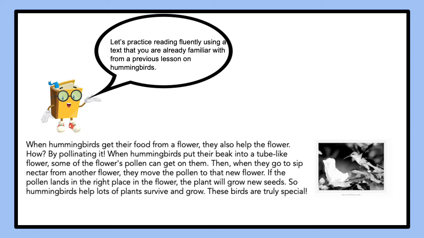Then, when they go to sip nectar from another flower, they move the pollen to that new flower. If the pollen lands in the right place in the flower, the plant will grow new seeds. So hummingbirds help lots of plants survive and grow. These birds are truly special. Notice I tried to read with expression while also reading smoothly and without making mistakes.